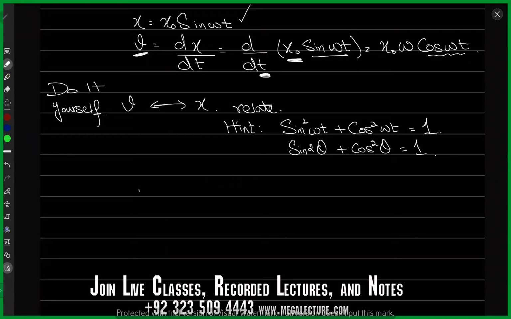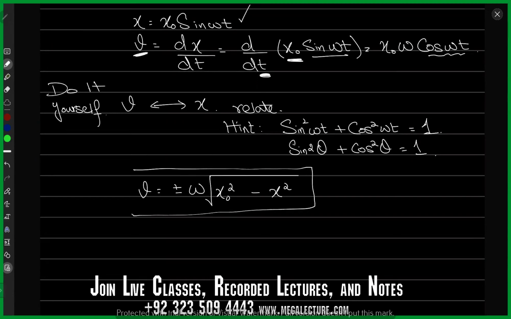The answer is velocity is equal to plus minus omega square root of x naught squared minus x squared. So this is a relation that relates the displacement of a body or an object with its velocity.